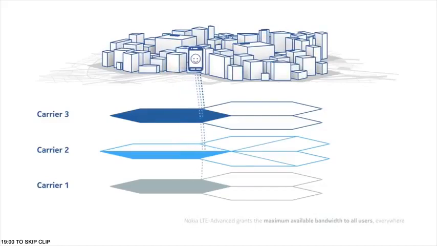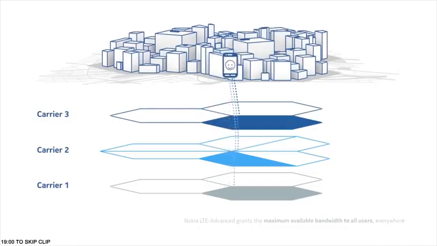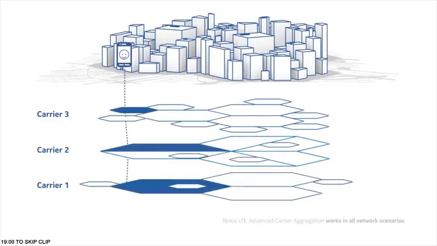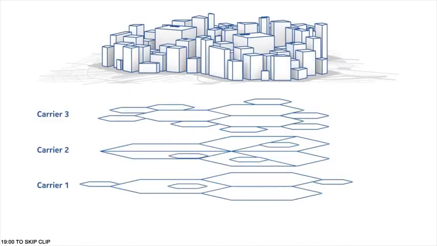When an individual LTE advanced user is on the move, this involves aggregation of an ever-growing range of cells. Continued network growth leads to further aggregation options, including small cells. As a result, the network always dynamically selects the best cells for aggregation at any location and for all users.